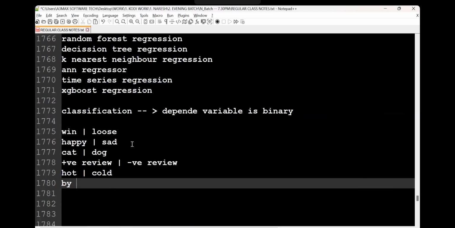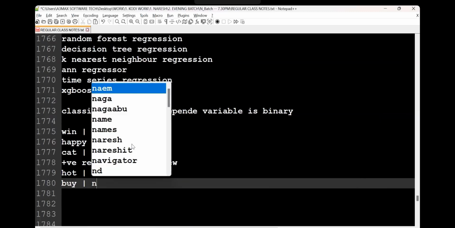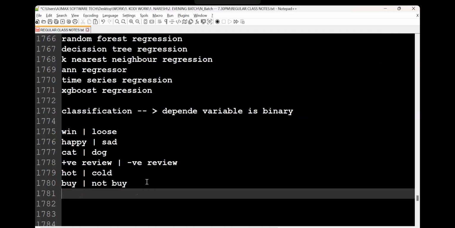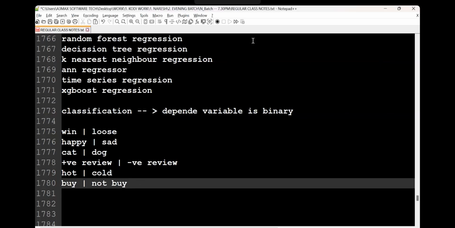And would you buy or not buy? So, okay, binary means having two values. That's right, Srikant. Binary means having two values. So, guys, any more examples you can find out? Anyone recognize?